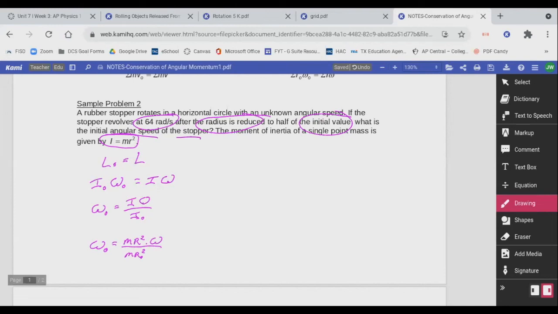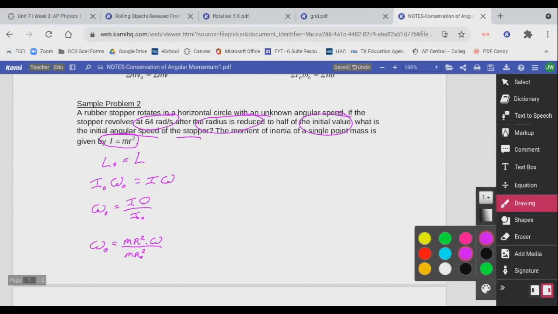Now the mass didn't change, the radius did. So let me get my red pen out and I can cancel the masses. That's pretty straightforward. I've got omega naught is equal to final radius squared times final angular velocity divided by initial radius squared.